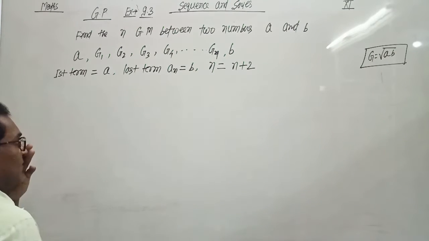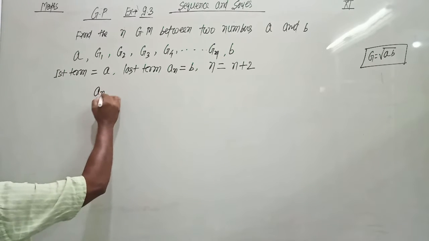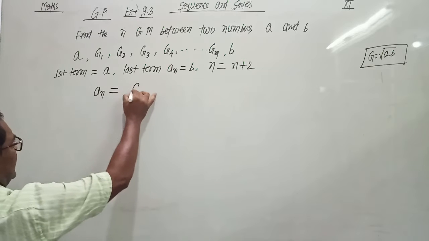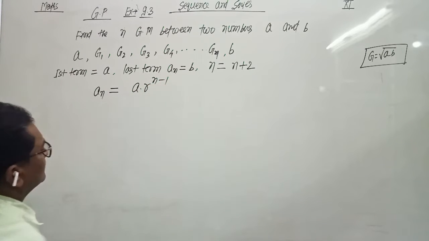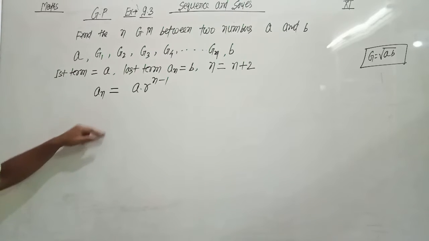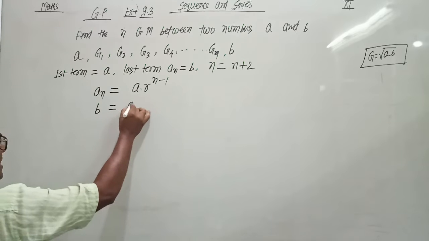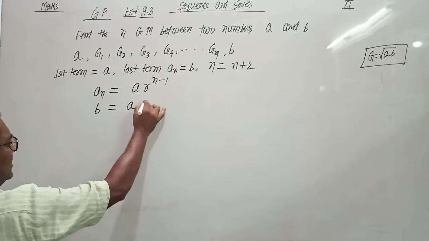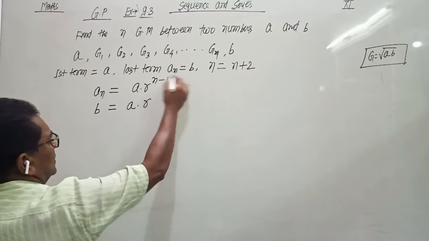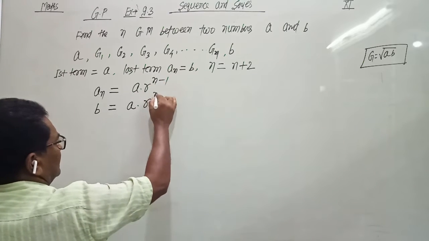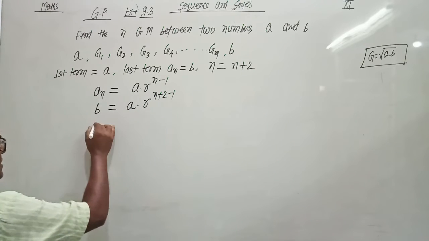Now we use the formula for finding the nth term of a GP: an equals A into R raised to the power n minus 1. So the last term an is B, the first term is A, and the total number of terms is n plus 2. So in place of n, we use n plus 2, and minus 1.